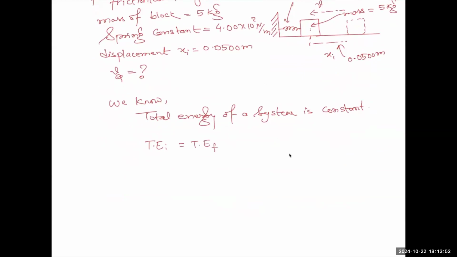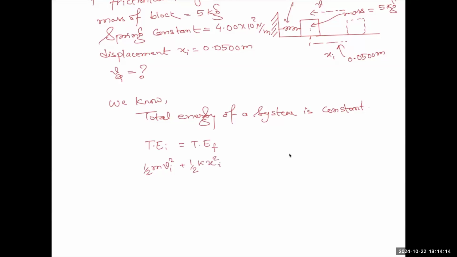And what is my initial total energy? Initial total energy is half m vi squared plus what will be my potential energy? 1/2 the constant K times x squared. Yes, 1/2 k x squared.